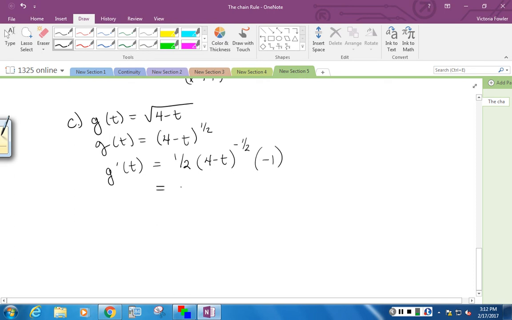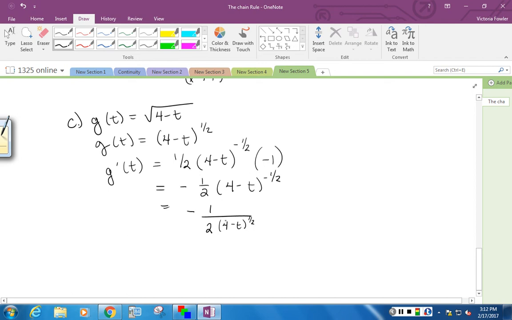And so we have, this could be written as negative 1/2 times the quantity 4 minus t to the negative 1/2. And then if I want to get rid of the negative exponent and maybe rewrite this in another way, I can have the negative 1, that 2's in the denominator, with this 4 minus t to the positive 1/2, since it's in the denominator.